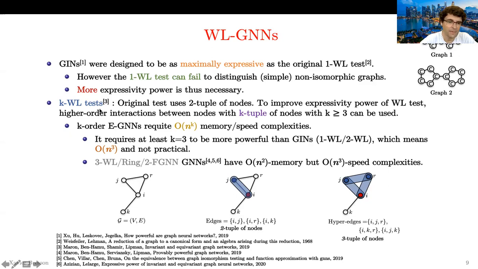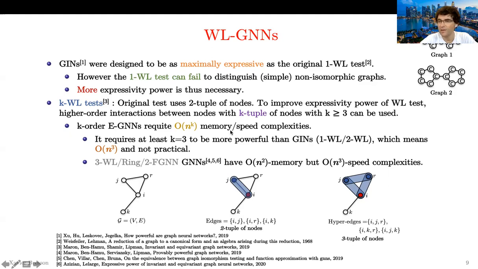For this, Maron, Lipman, and their collaborators developed a new GNN based on higher order interaction between the nodes. If you take the original message passing GNN, the interaction between the nodes is pairwise, so there are two-tuples of nodes. If you consider more interaction, like between three nodes, then you will consider three-tuples of nodes.